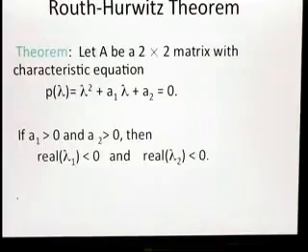The conditions are simply A1 positive and A2 positive imply that the 2 eigenvalues have negative real part. This is a very simple exercise in dimension 2. There are various, more complicated versions in higher dimensions. It's still useful in dimension 3, but then it becomes much harder to apply in higher dimensions.